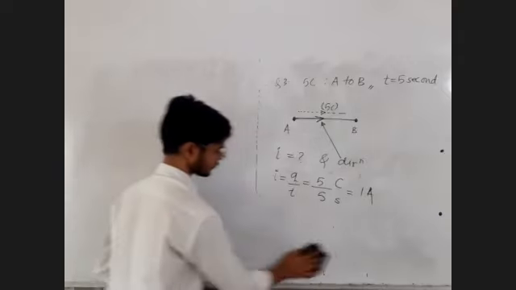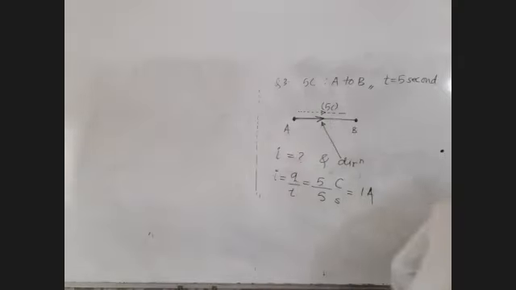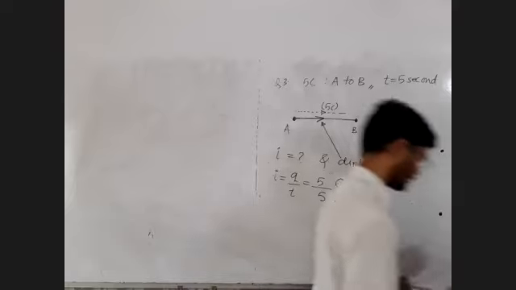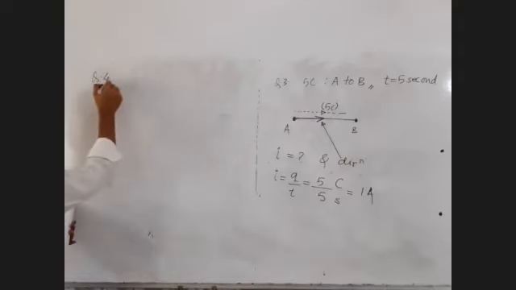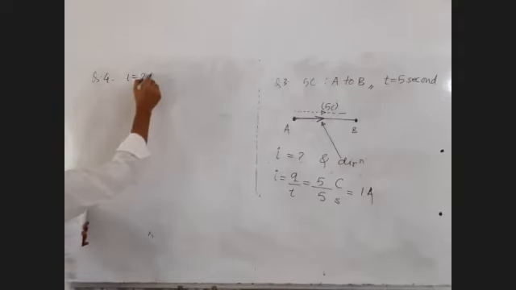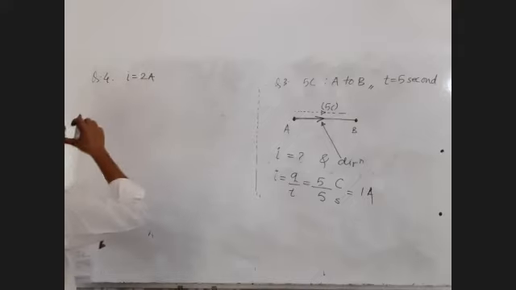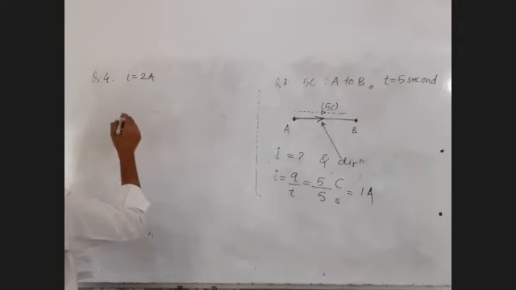Next, question number 4. A wire carries a current of 2 ampere. What is the charge that has flowed through its cross section in 1 second?